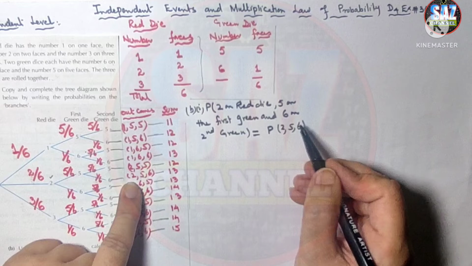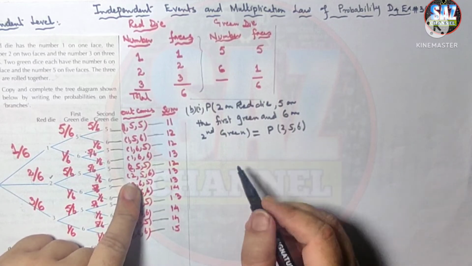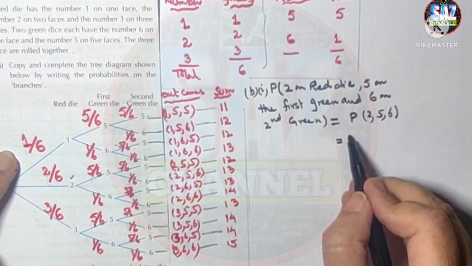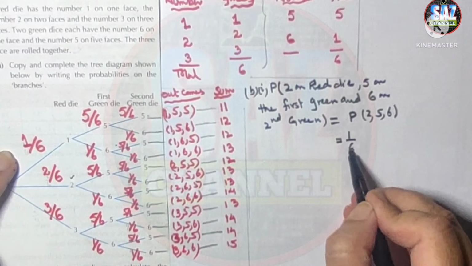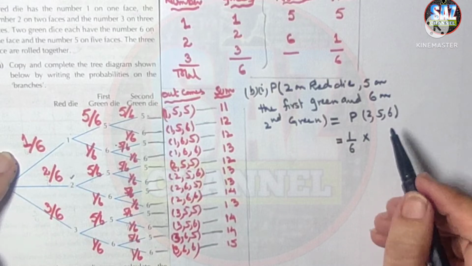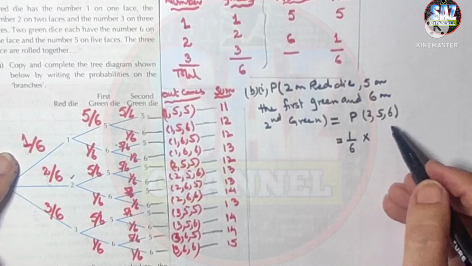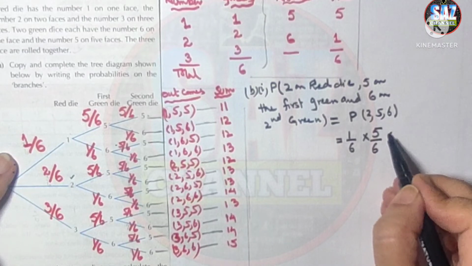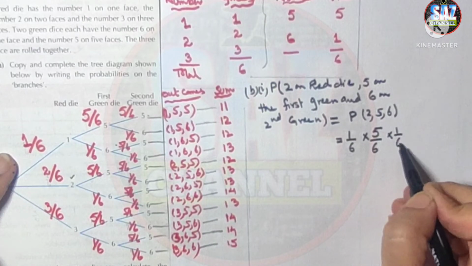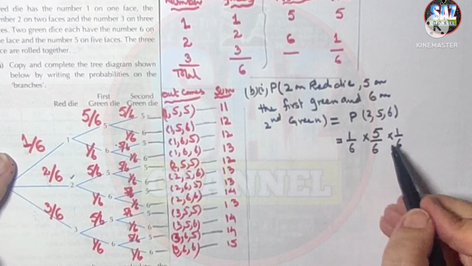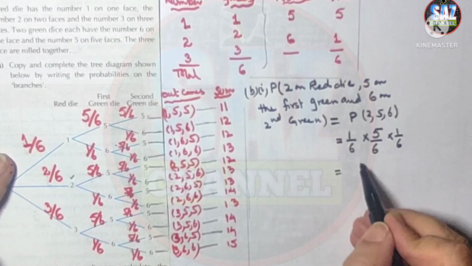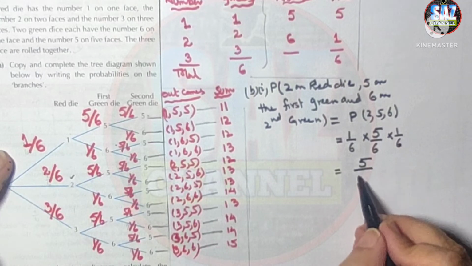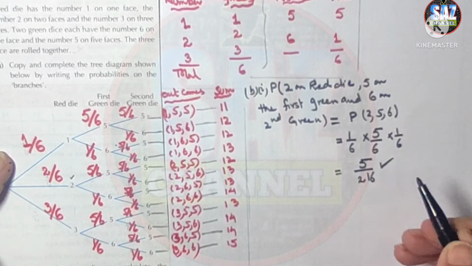So what we have to do is that the chances of 2 from the red dice are 1 by 6, 5 on the first green is 5 by 6, and 6 has the chances 1 by 6. Now we cannot cancel 5 and 6, so 6 times 6 is 36, 36 multiplied by 6 is 216. I hope you are really clear about this.